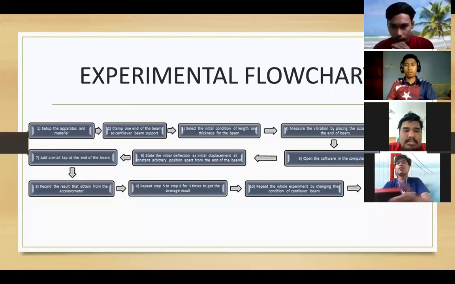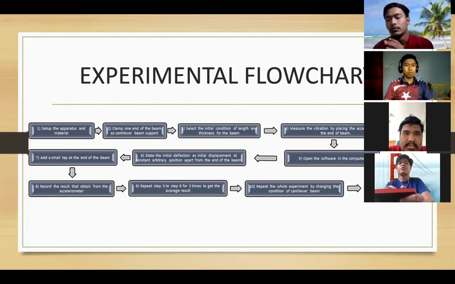And then we will open the software in the computer. We will state the initial deflection as an initial displacement at a constant arbitrary position apart from the end of the beam. And then we will add a small tap at the end of the beam, and we will record the result obtained from the accelerometer.